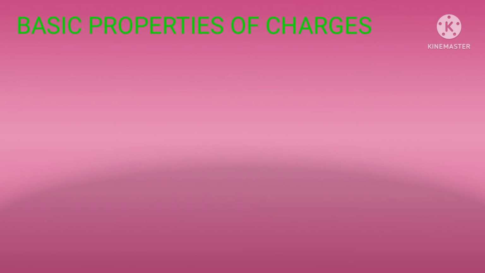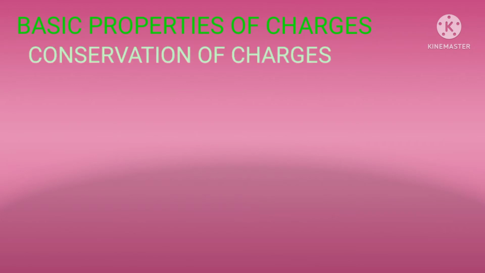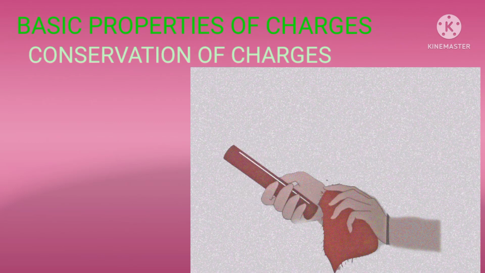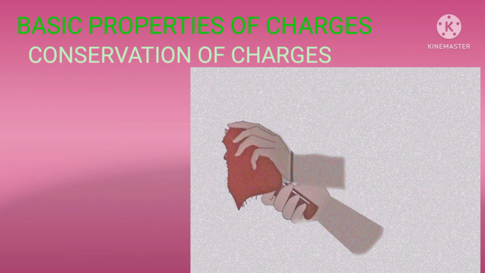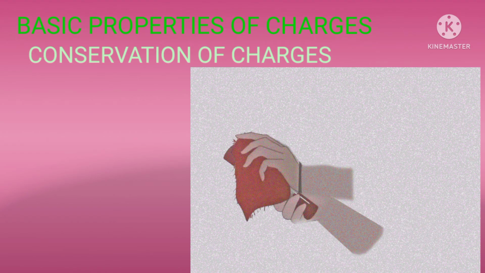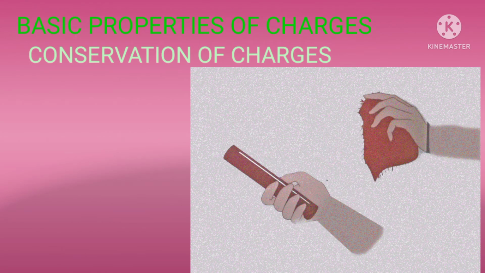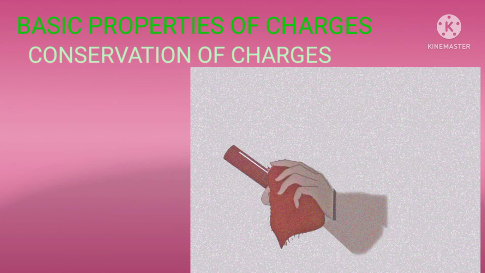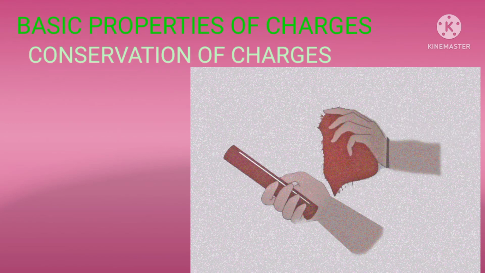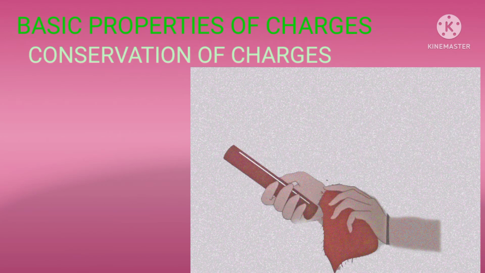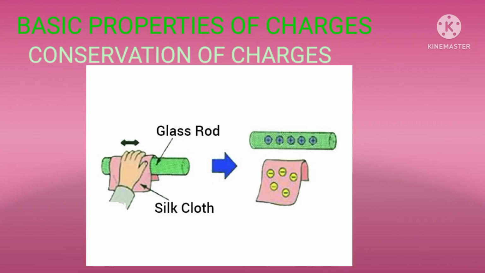The next property is conservation of charges. When one object is rubbed with another object, charges get transferred from one to the other. Before rubbing, both objects are electrically neutral, and rubbing simply transfers the charges from one object to the other. For example, when a glass rod is rubbed against silk cloth, some negative charges are transferred from glass to silk.